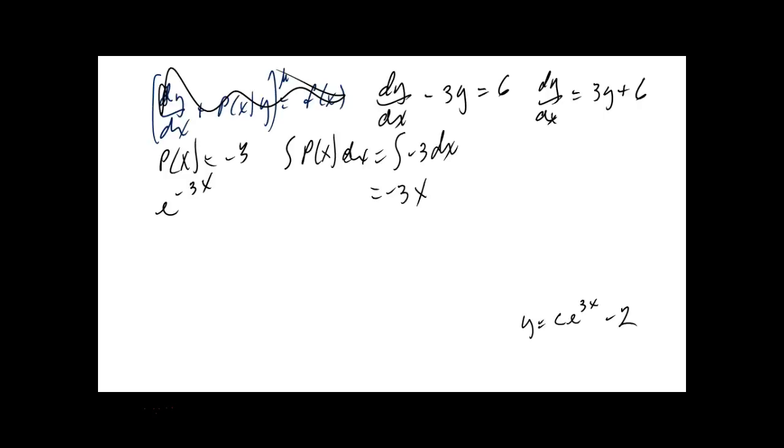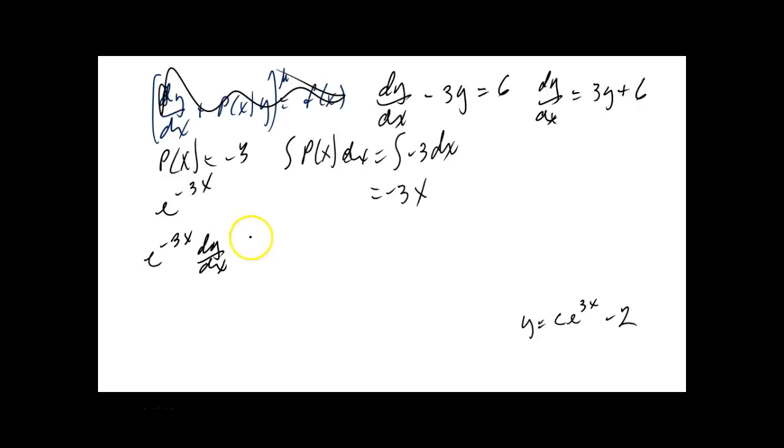Multiply it by both sides of this, and you get e to the minus 3x dy/dx. Okay, let's see. Do I want to do this? I just did negative 3y, e to the negative 3x. Yeah, okay.